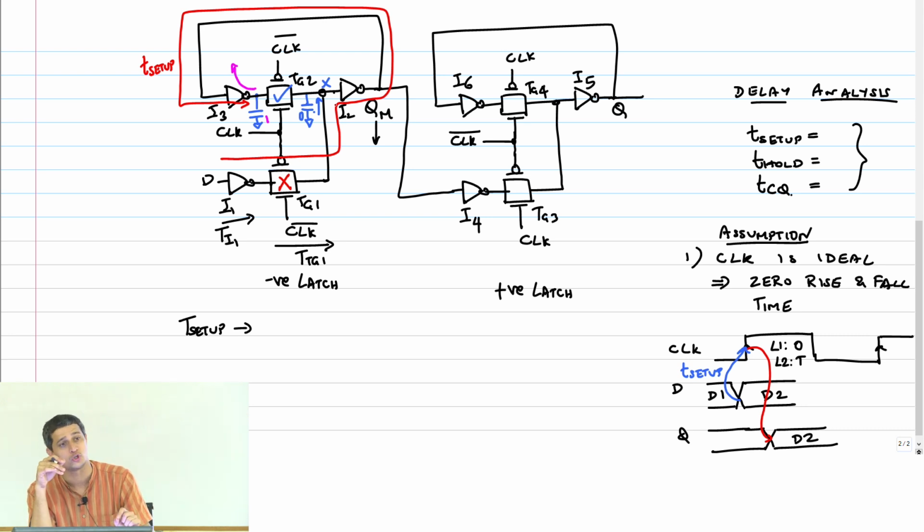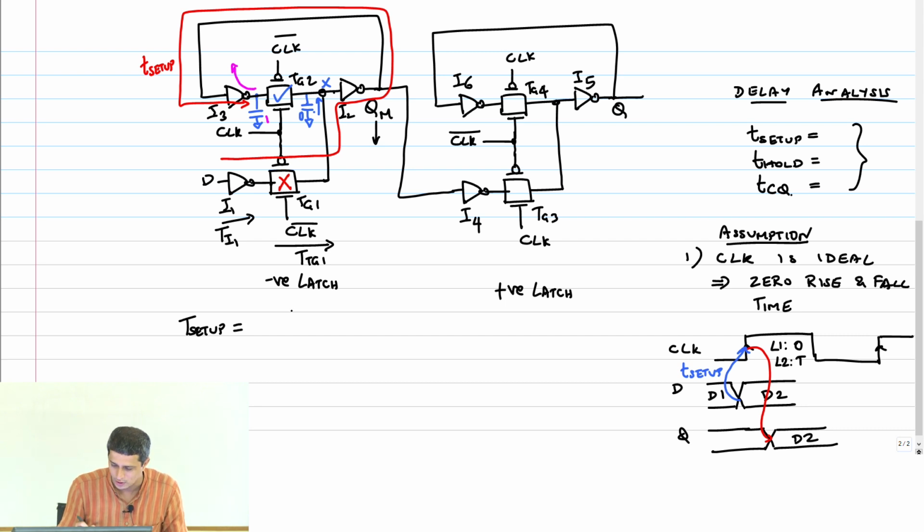If you ensure that the data settles by this time, you are 100% guaranteed that the data will be captured correctly. So T setup, I am going to write out as T of I1 plus T of TG1 plus T of I2 plus T of I3.